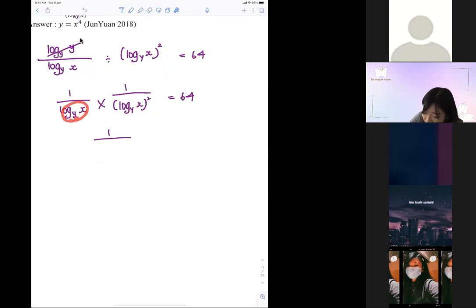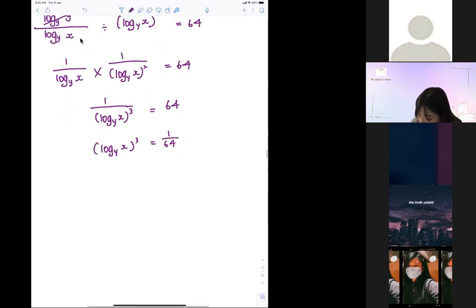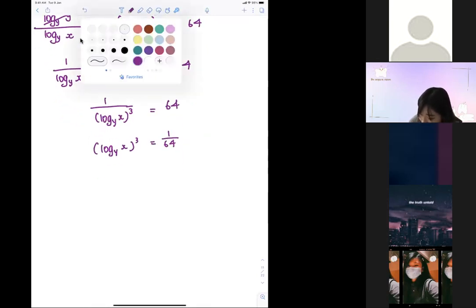You treat this as A. A times A squared is A cubed. Okay, then you flip this, you flip this. So log y x cubed is 1 over 64. To get rid of the cube, you cube root both sides.